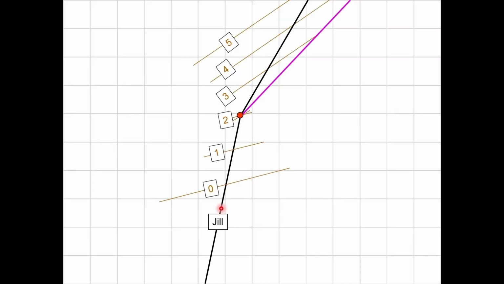Here we have Jill, and Jill moves on a straight world line up to this point, and at this point she changes her trajectory to this straight world line. Now to change from one straight world line to another, we need to move through a non-straight world line, which means acceleration.